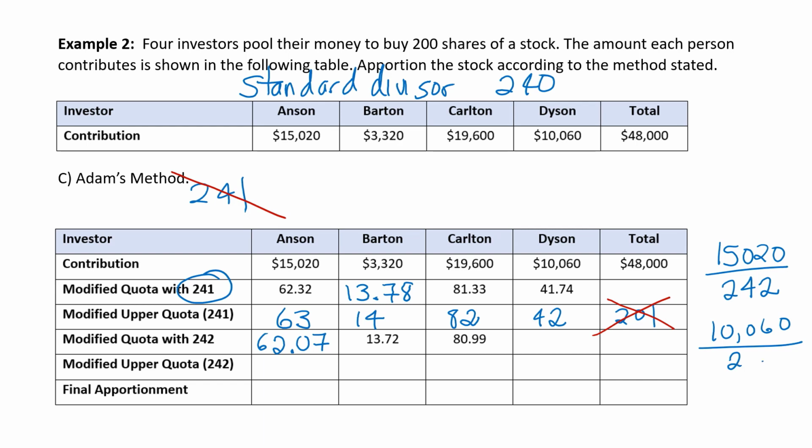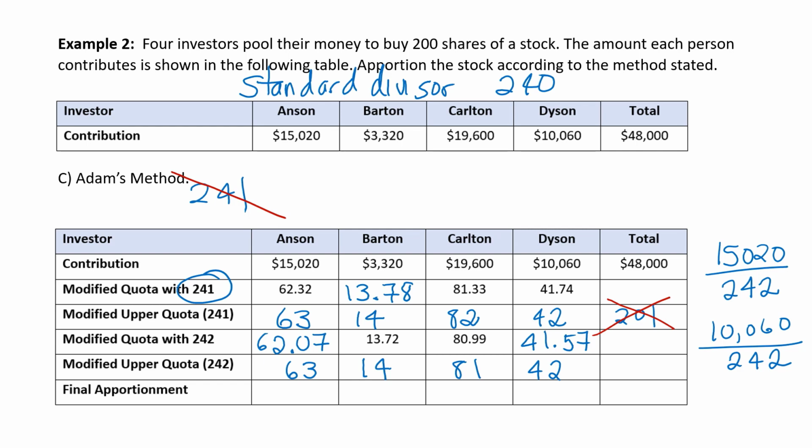$10,060 divided by the modified divisor of 242, and Dyson's modified quota is 41.57. We pick the upper quota for each of those, and so 62 becomes 63, 13 becomes 14, 80 becomes 81, 41 becomes 42.